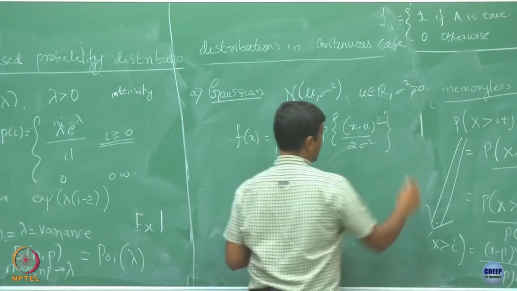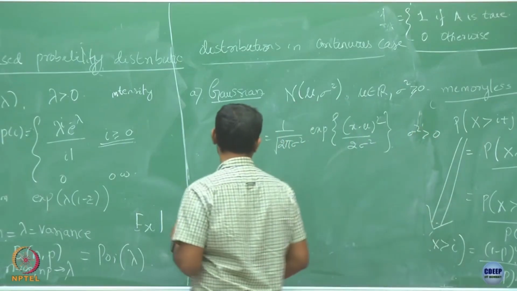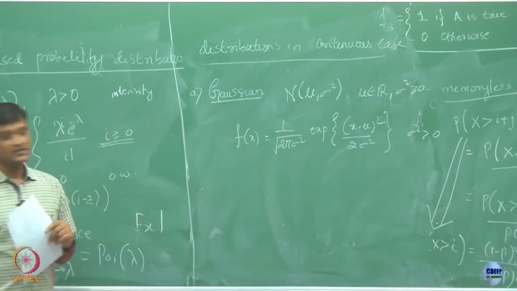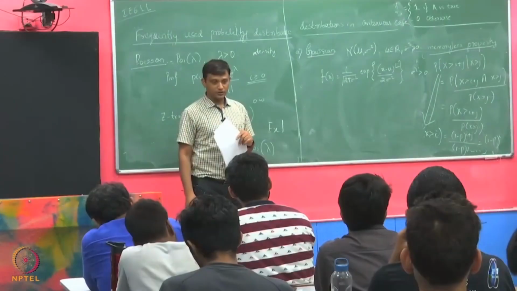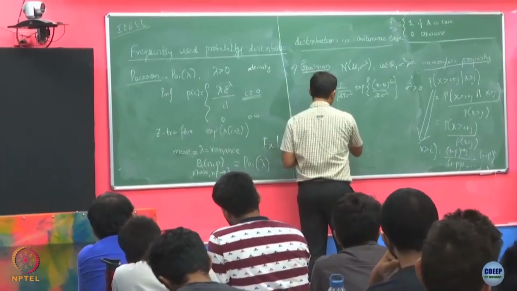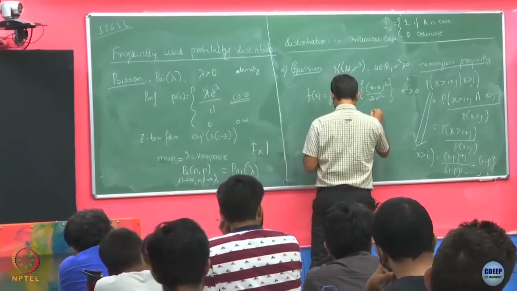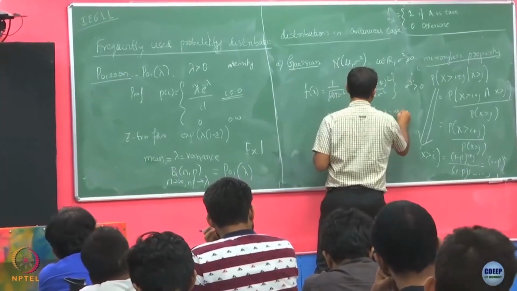This is provided sigma square is strictly greater than 0, and if sigma square equals 0, then it takes a degenerate format. In that case, it is simply going to be of this form: 1 if x is mu.